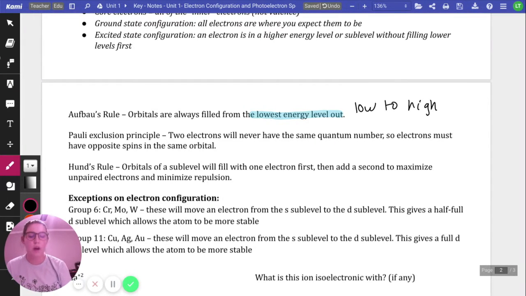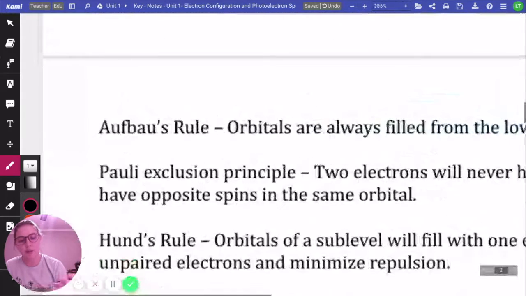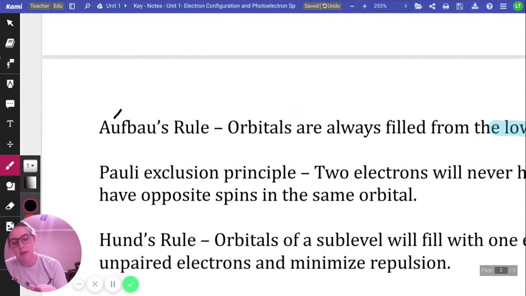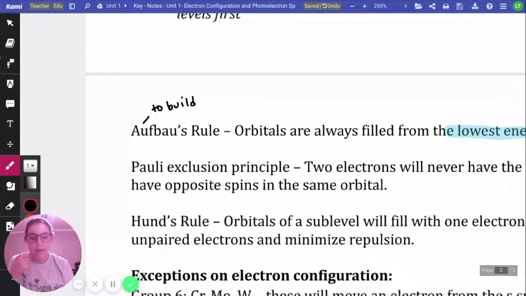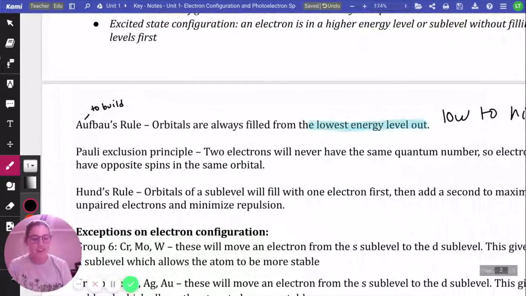And Aufbau is actually a German word, and I do believe that in some connotations it means to build. So for Aufbau, we're going from lowest to highest. We're kind of building. So we have to build that bottom layer of those lower energy electrons, fill those lower energies before we can move up. So kind of a fun fact for you.